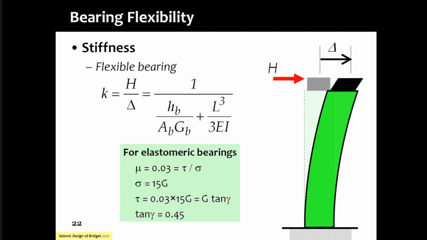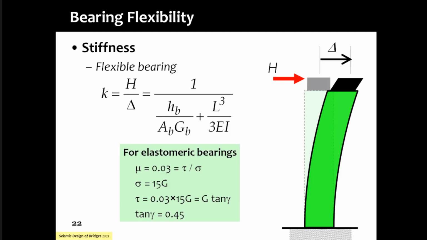Another issue is that the bearing flexibility will have an impact on the stiffness of the bridge. You can imagine if the bearing was not flexible, you will get 3EI by L cube. But if the bearing is flexible, you will see much less than that will be the stiffness. And so mere assumptions of the classical understanding will not help us.